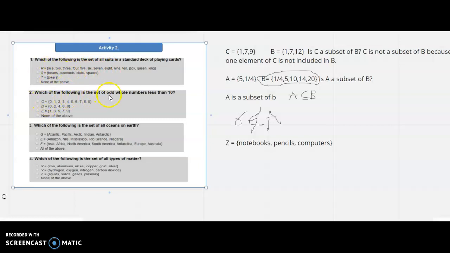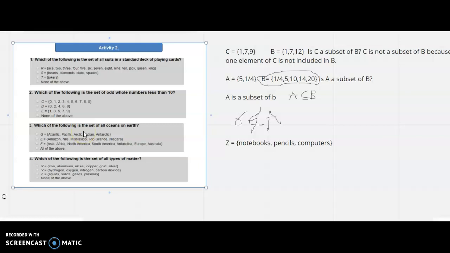Which of the following is the set of odd whole numbers less than 10? Remember the whole numbers, okay, from 0 to infinite, but it's less than 10. So which of these elements have this condition? Which of the following is the set of all oceans on Earth? So you're supposed to know this from social studies.